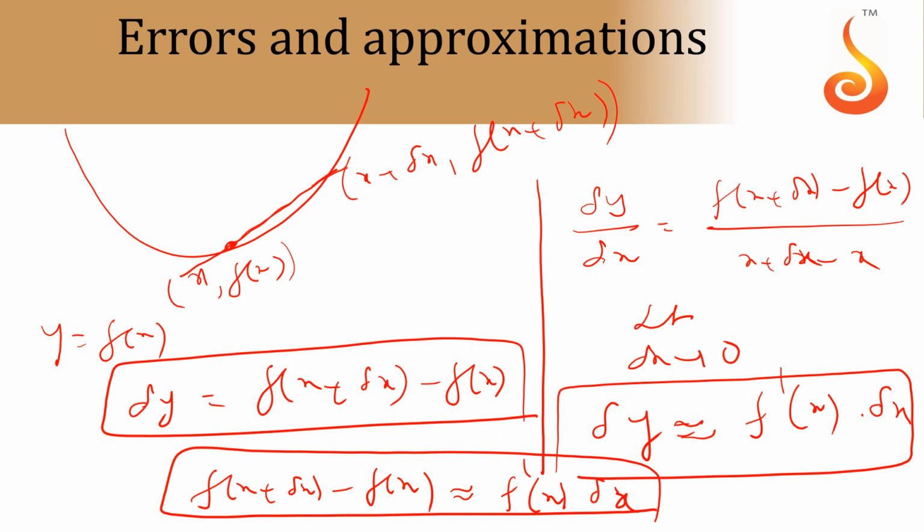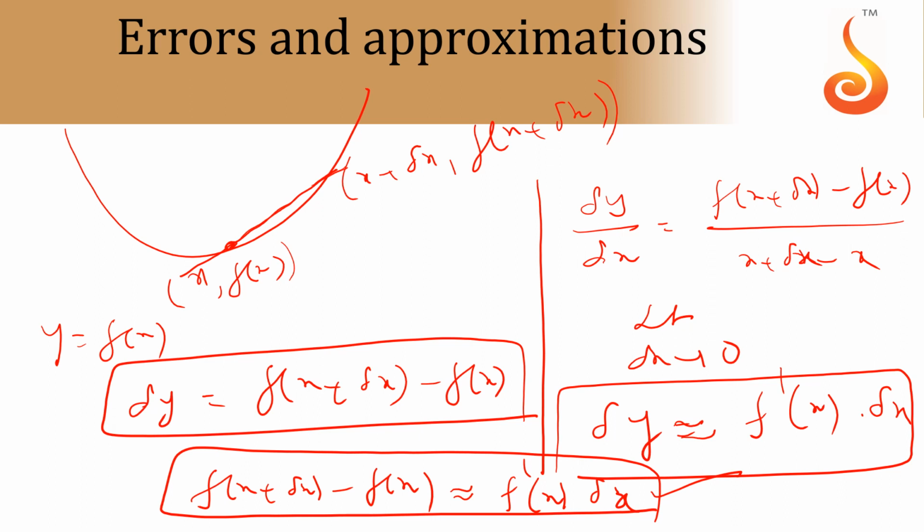Where this will be useful? Suppose if I ask what will be the tan 46 degrees value. So 45 I will take as x and dou x I will take as 1 degree. Then if I use this formula, I will get tan 46 very easily. Suppose if I want cube root of 124 or 125, 125 is very easy. 124 or 126, I'll take the function f of x as cube root x.